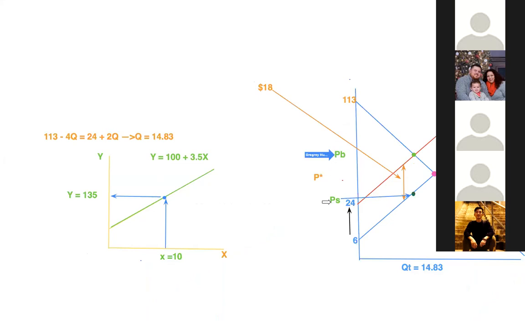You were correct. So the buyer's price, yeah. We could plug it into either equation, but I think you're right, James. It would make more sense to do the 113 because we're looking at this point here and it's on the demand curve, right?